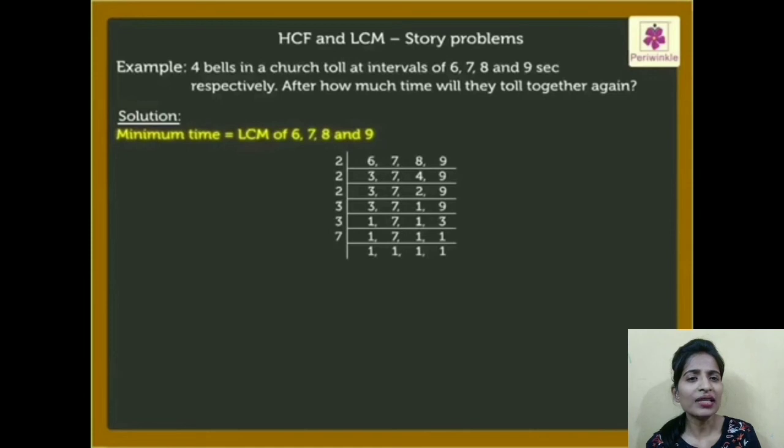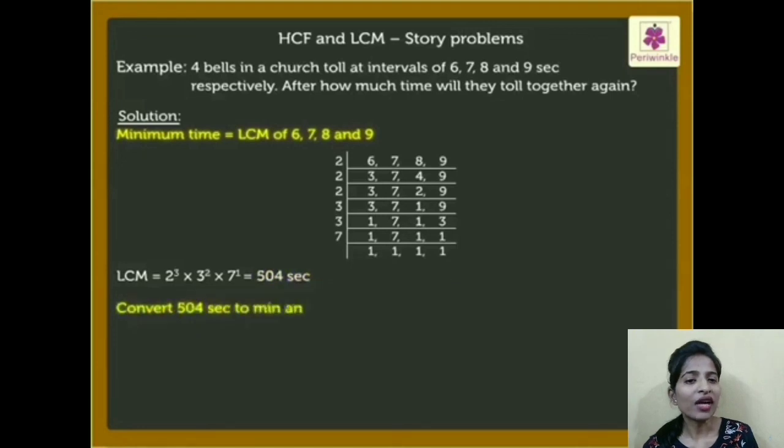Let us find the LCM. I have used the division method. Its LCM will be 2 into 2 into 2 into 3 into 3 into 7. 2 is multiplied 3 times, so we can write 2 to the power 3. 3 is repeated 2 times, so 3 to the power 2. Answer will be 504 seconds.